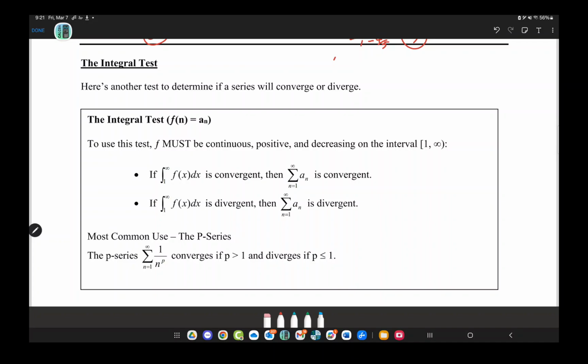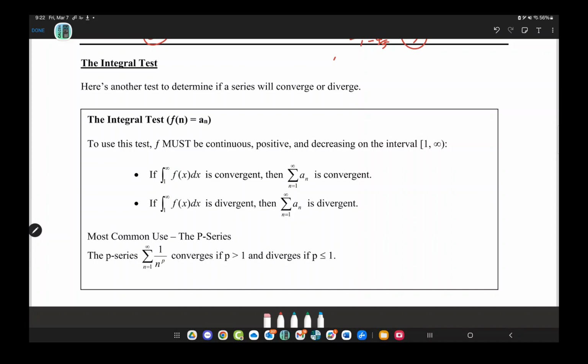All right. The function must be positive, continuous, and decreasing on the interval from 1 to infinity. If the integral from 1 to infinity of f(x) dx is convergent, then the sum from 1 to infinity of a of n is convergent. If the integral from 1 to infinity of f(x) dx is divergent, so is the sum.